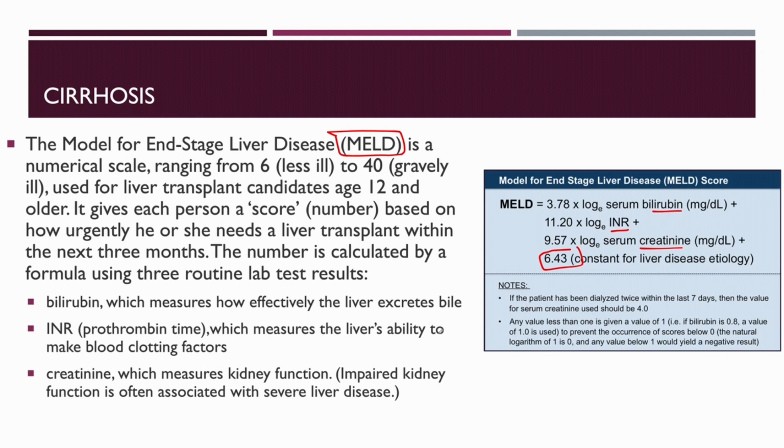The numeric value is between 6 and 40. So 6 is the constant, right? That's if everything else is normal, that's the lowest score you can get. That's the least ill. And 40 is the most gravely ill. So anything up towards the 40 level, they are higher on the list. They're like 1, 2, 3 on the list for transplantation.